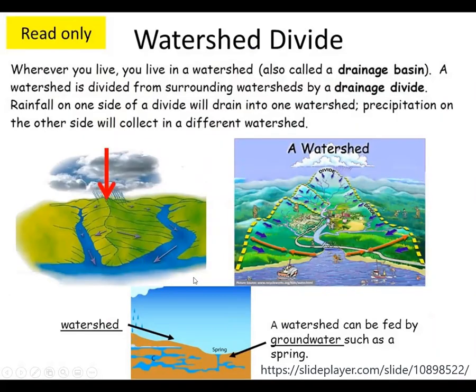And these are other examples of divide. So this whole place is a watershed. All the land here is called watershed that collects the water and channels this water to the river. A watershed can also be fed by groundwater such as a spring. Spring is water coming from under the ground.